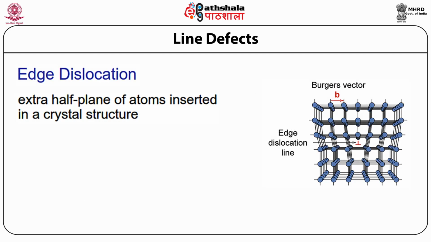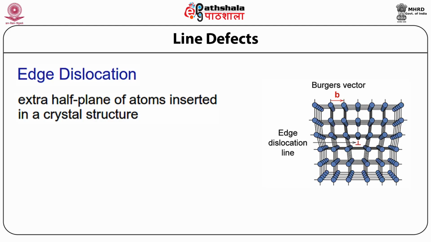You can see that on the right hand side we have a figure, and on top of this figure the atoms or the planes are nicely arranged, but as we come below, after this third layer, there is an inverted T, and below that you can see that a particular line of atoms is missing, and due to this there is a distortion around this inverted T.